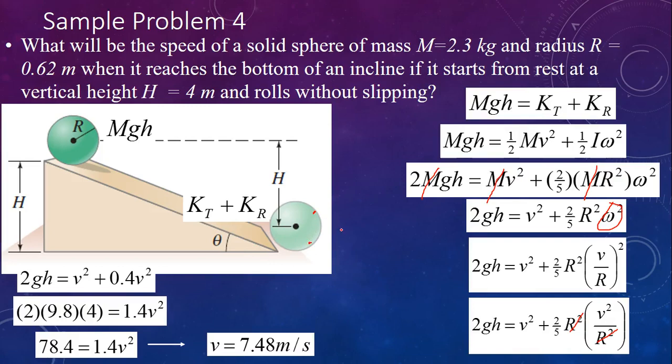So that's why in these problems you can plug v over r in for omega. And I also think it's interesting to point out that neither the mass nor the radius ends up mattering. So I want you to think a little bit about why that is.